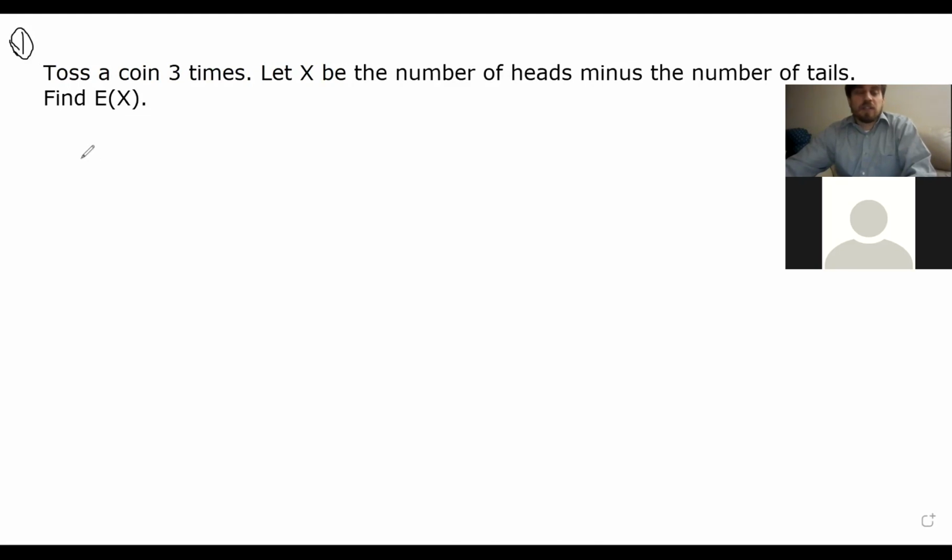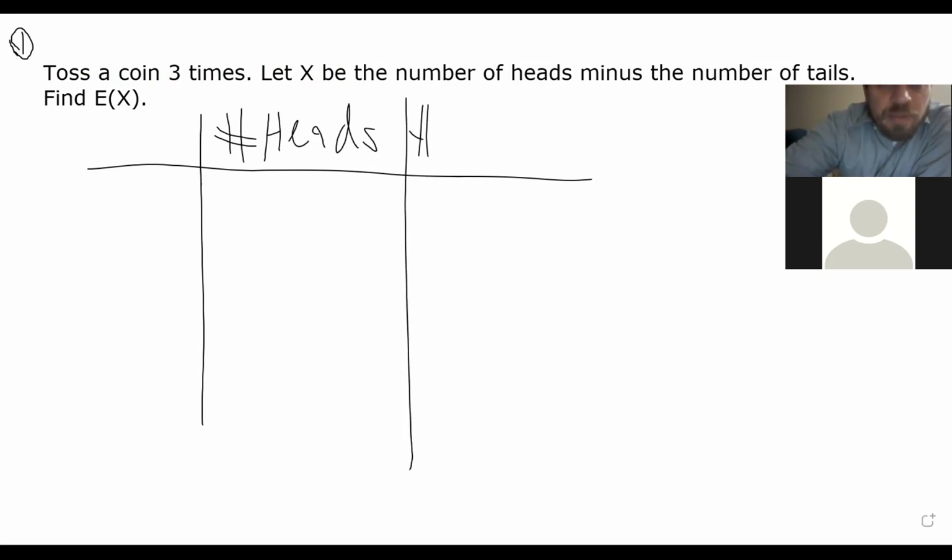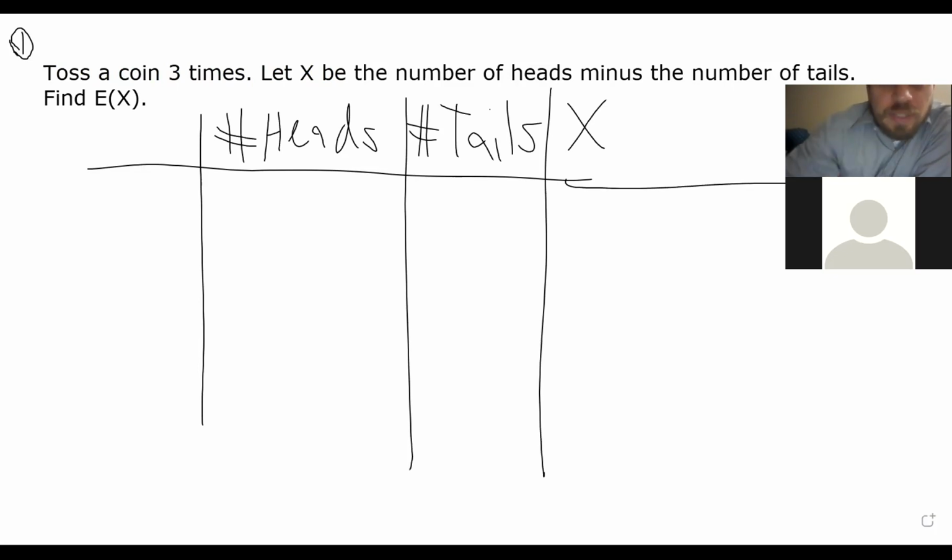Find E of X. Okay, so let's make a table: one column for the number of heads, and here the number of tails. And here I'm going to put X, which is the number of heads minus the number of tails.